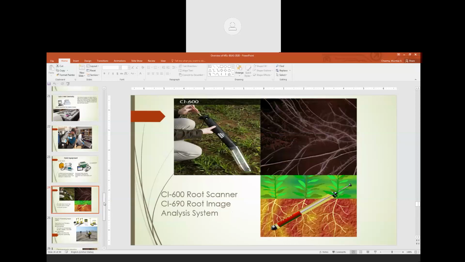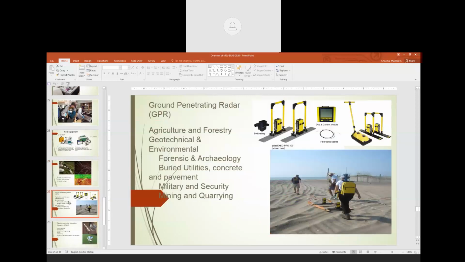This is possible if you want to study all those in your experiments. It is possible now. So we have some additional field equipment. As I mentioned, Dr. Lakshman, a hydrologist, used this GPR, ground penetrating radar, that can give really good information about what we can see up to 3 meters in the soil. Is there any hard layer, or is there anything else?